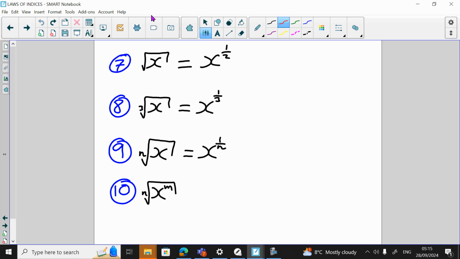And this thing here is just like that thing there, but it's just like x to the m over n. So the only difference between this one and this one is the top part of the fraction here and there.